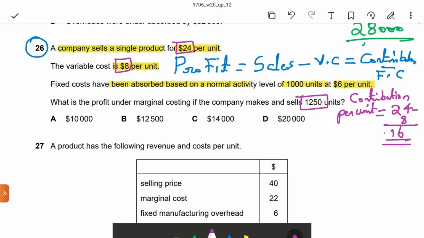For 1250 units, what will be the contribution? 1250 multiplied by 16 is equal to 20,000.